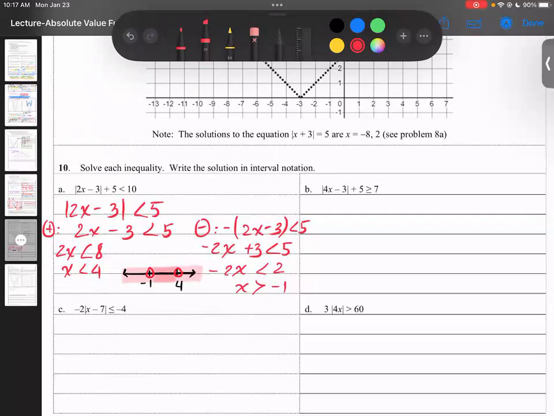What is my solution? Sandwiched between, right? The intersection is your solution. So the intersection from negative 1 to 4. Bracket or parenthesis?